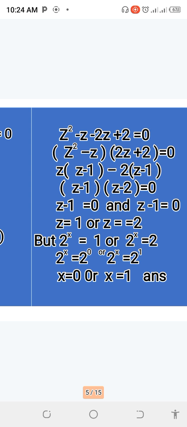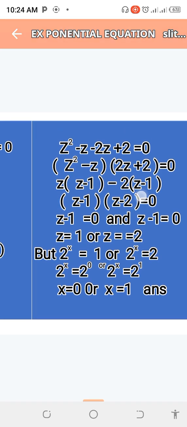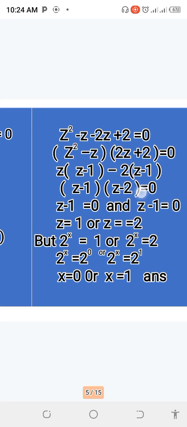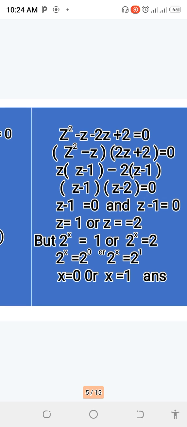Then we collect one of them, since it's common, and we now have z minus 1. Then we take the other one, z minus 2. No correction there, please. It's a mix-up. So we go ahead. So it becomes z minus 1 is equal to 0, and z minus 2 is equal to 0.